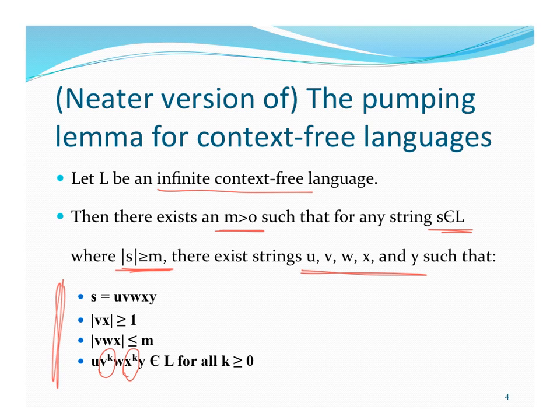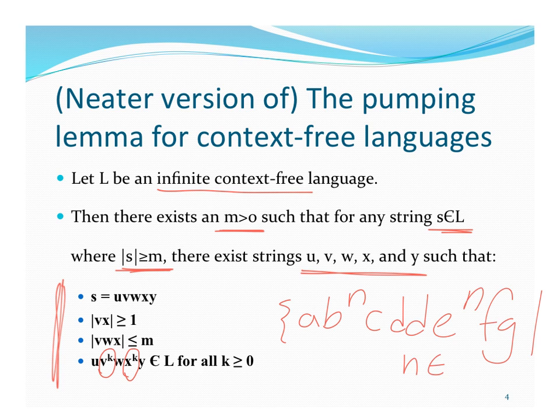As you can think about this, with our context-free languages, we have things like this. This is a language that is context-free: a, b^n, c, d, d, e^n, f, g, such that n is in the natural numbers.